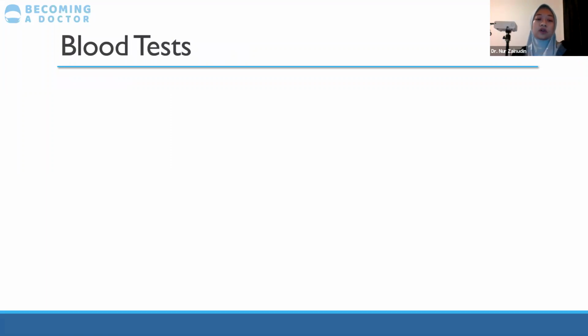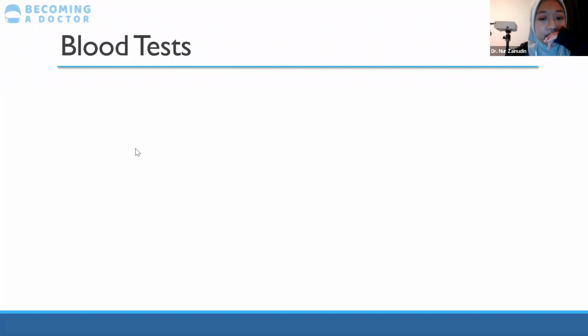Right, so moving on, once you've taken a good history and you've examined and you sort of have some idea what could be wrong in this patient, what blood tests would you request? Yep, FBC, CRP, all of the routines. LFTs are very important.